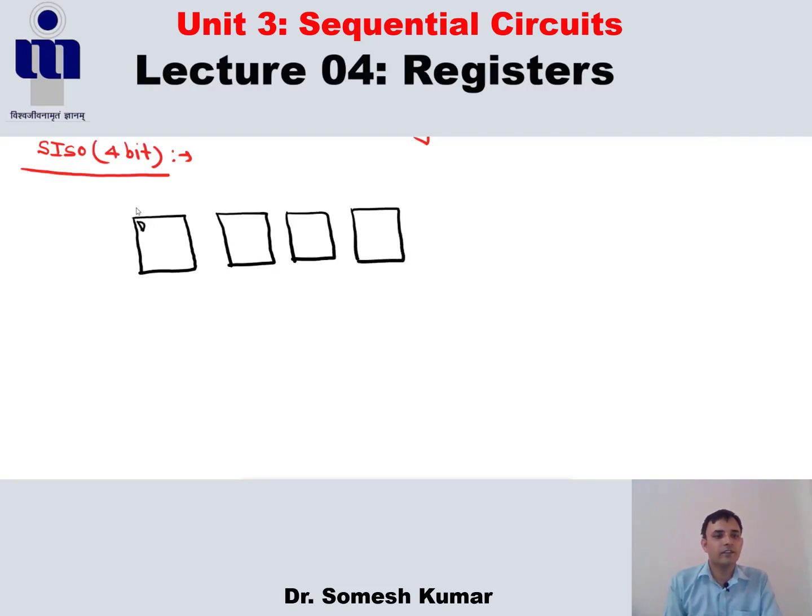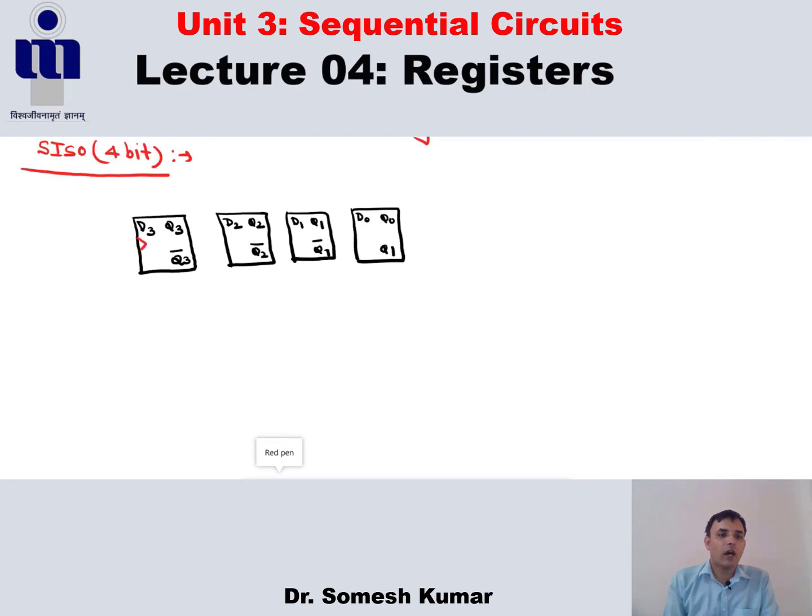Here I am saying D3, this is Q3, the first output of the first D flip-flop, and this is Q3 bar. This is D2, Q2 and Q2 bar. This is D1, Q1 and Q1 bar. This is D0, Q0 and Q0 bar. These are all 4 flip-flops.